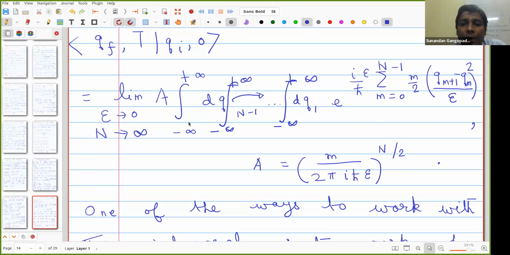But it may seem a very horrendous thing, not a very nice thing to evaluate, because there are infinitely many integrals, all running from minus infinity to plus infinity. So this is a very bad thing to evaluate.